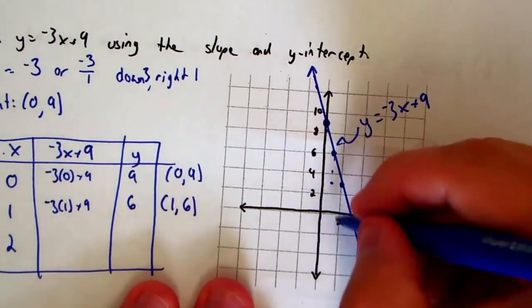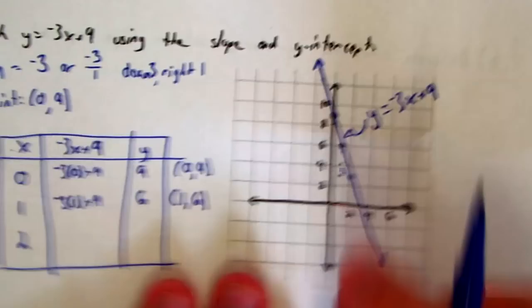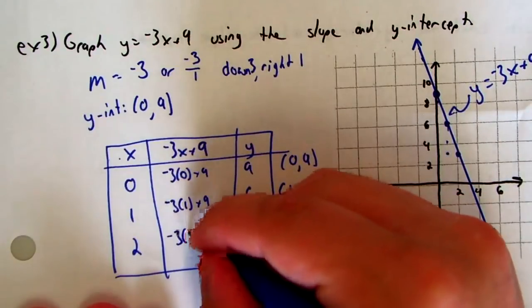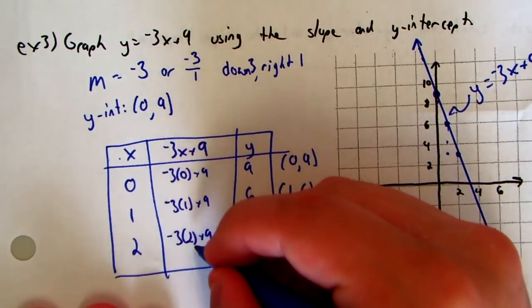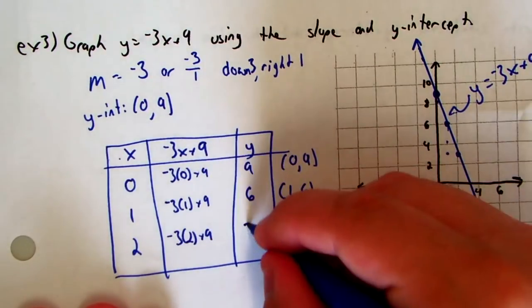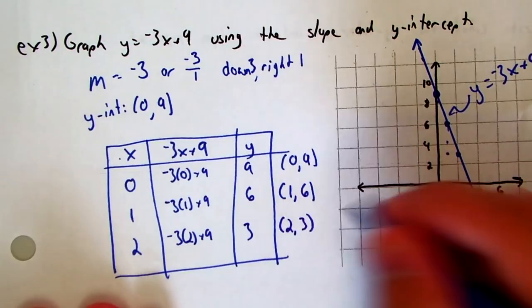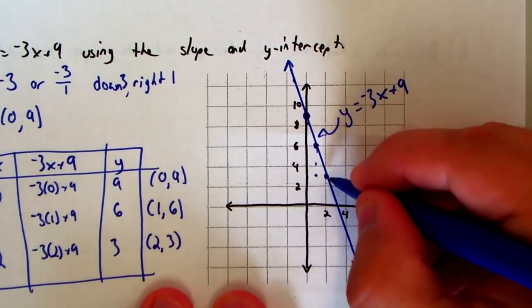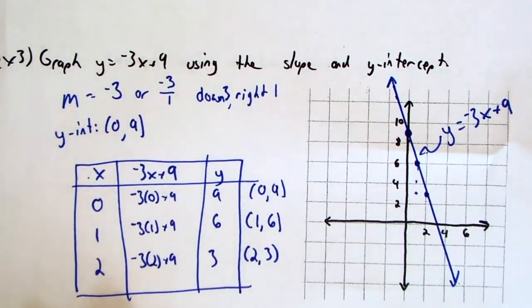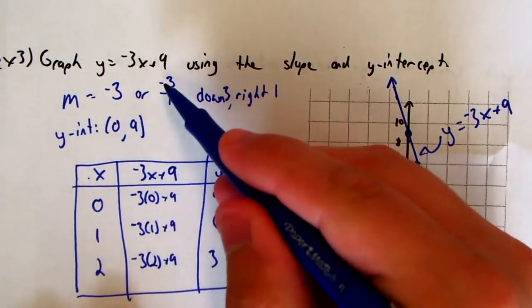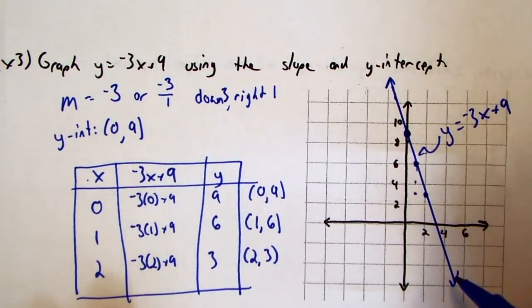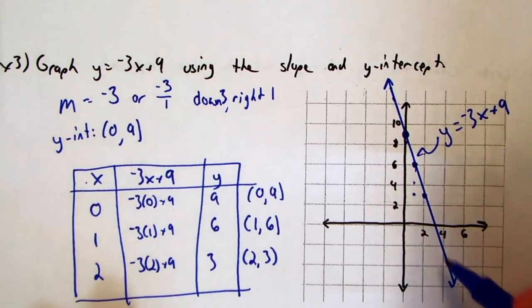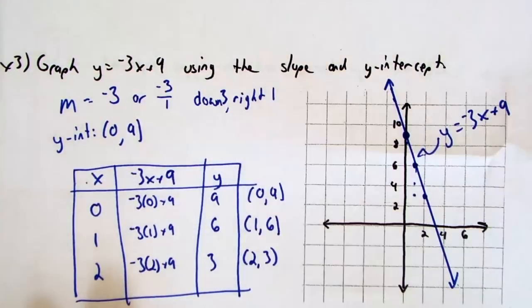So my next ordered pair will be at (1, 6), which is right here. Next, I could use 2 as my input. Negative 3 times 2 is negative 6, plus 9 is 3. So I have (2, 3) for my last ordered pair, which is right here. So either one you want to do. You can start at the y-intercept and use the slope to find the rest of the ordered pairs, which is what we did to find the graph originally, or you can create a table that finds the exact same values.